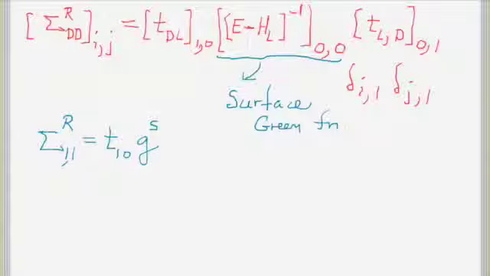It's a retarded surface Green function of the left lead, T01. That is the general form of our self-energy. And we're going to show that it is exactly what we calculated before.